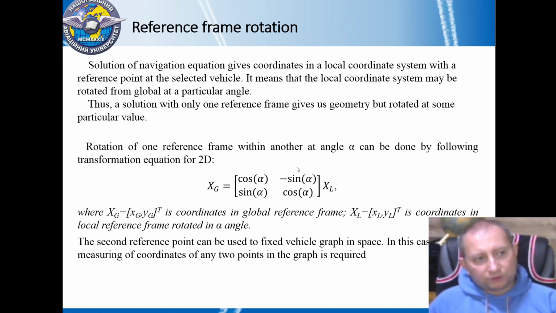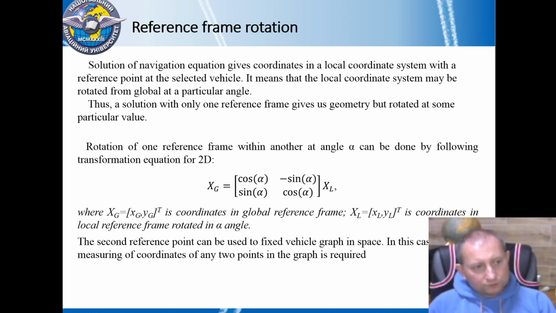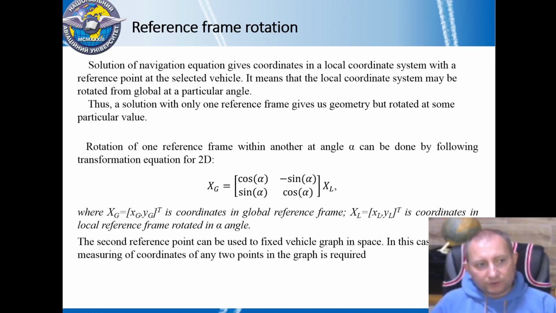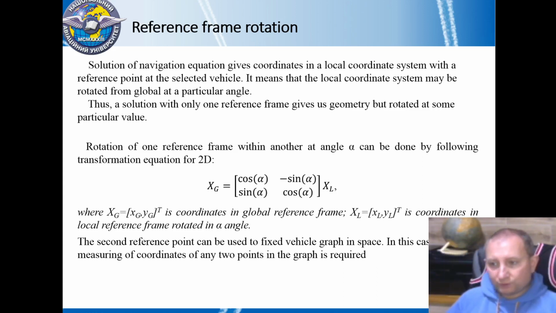This is the rotation matrix, and this x is the coordinates in the local reference frame rotated by an angle alpha. Thus, the second reference point can be used to fix the vehicle graph in space. In this case, measuring the coordinates of any 2 points in the graph is required.